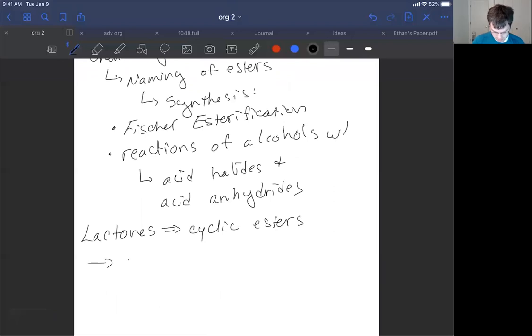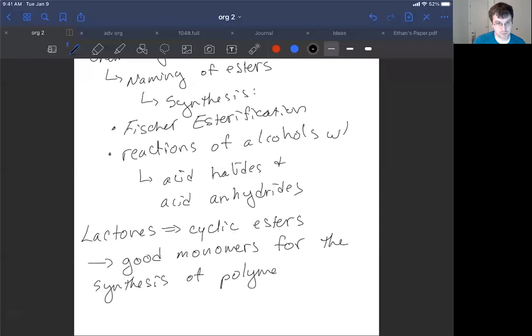Number one, these are good monomers for the synthesis of polymers. Okay, now these polymers that we make from lactones are polyesters.